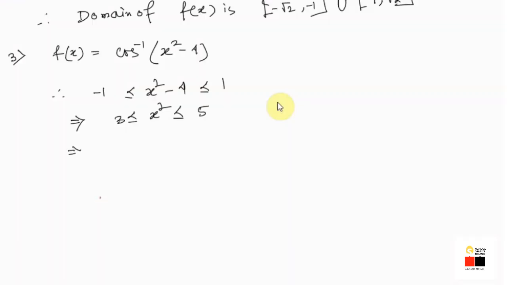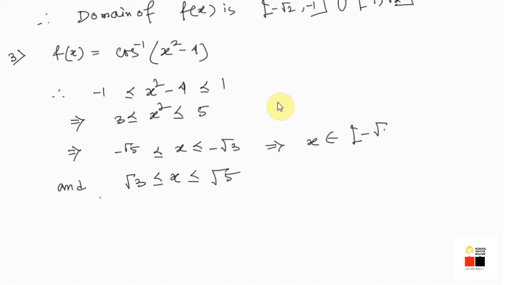This implies that minus root 5 less than or equal to x less than or equal to minus root 3 and root 3 less than or equal to x less than or equal to root 5, so x belongs to minus root 5 comma minus root 3 and x belongs to root 3 comma root 5.